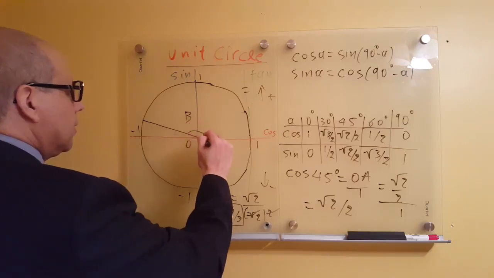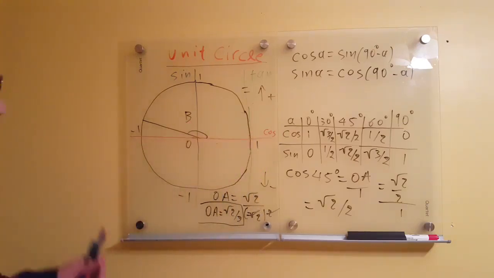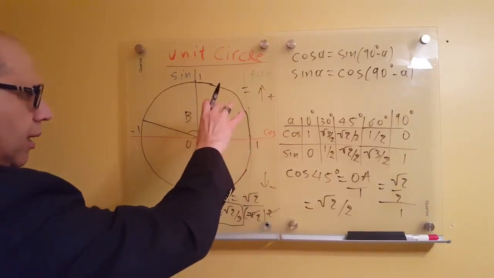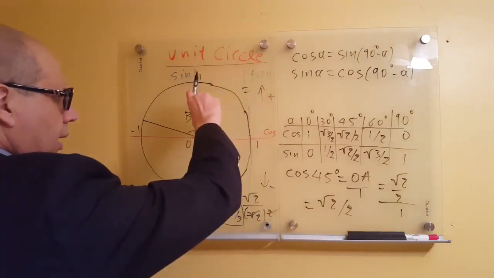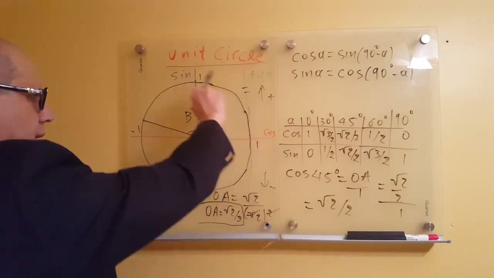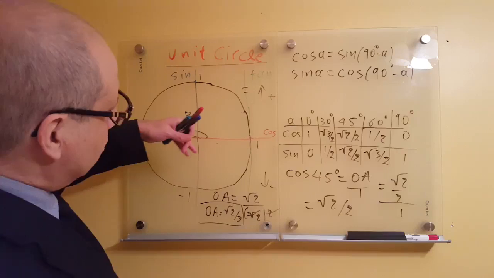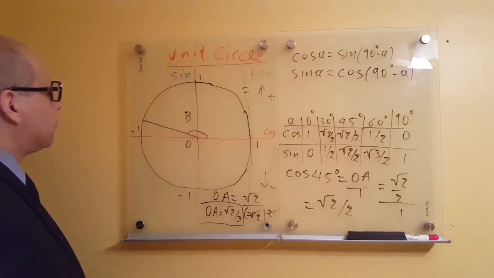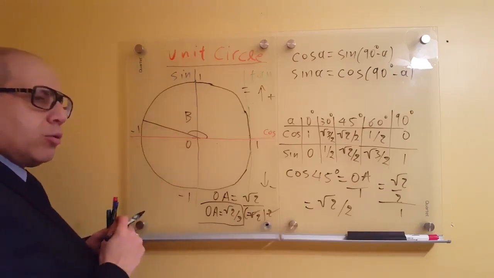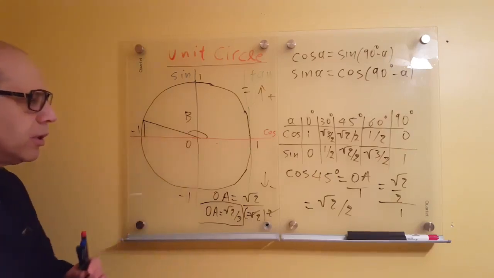You want to express it in terms of the trigonometric numbers that are in the first quadrant, so the angle is between 0 and 90 degrees. What you can see here is that the cos will be this segment, from this point to this point.